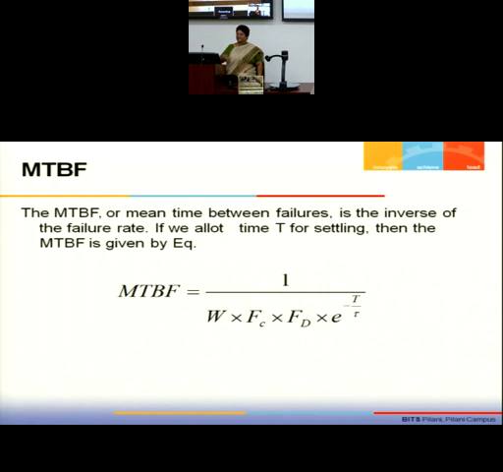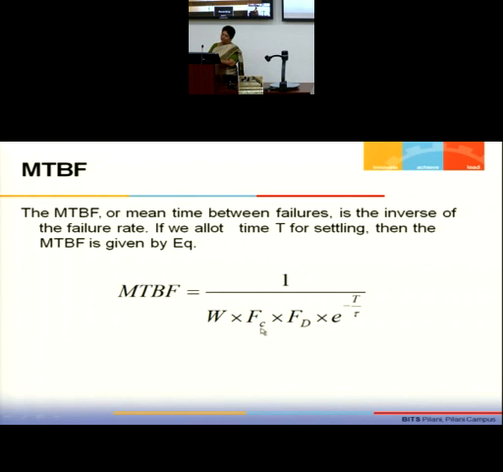Now if the probability of failure is less, the mean time between failure is more. MTBF is simply the inverse of the probability of failure, which is given by this expression. So it depends on W. Make your T setup, T hold window very small, so that MTBF increases.